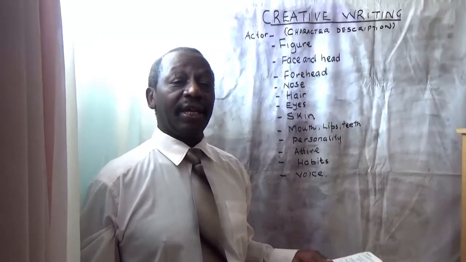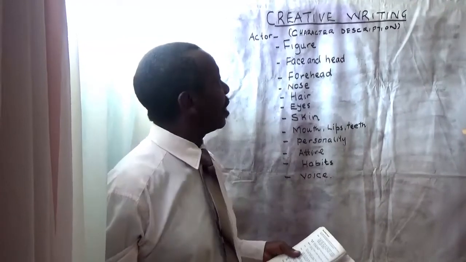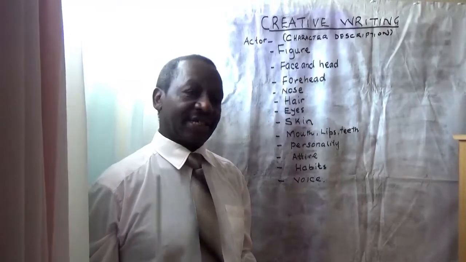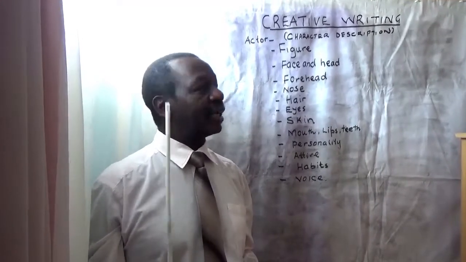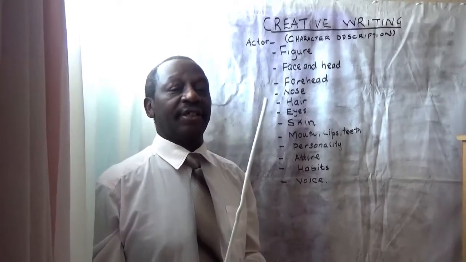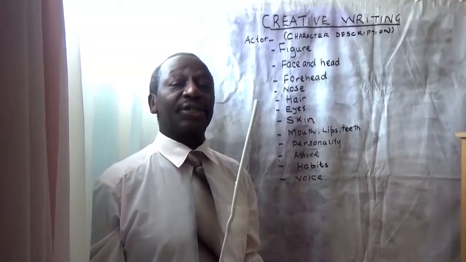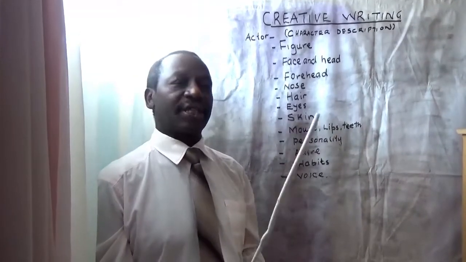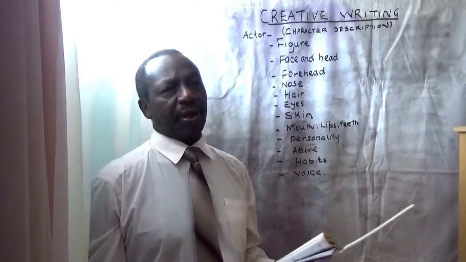As we discussed last time about creative writing, we said that writing in a creative way makes it effective for the reader to see and imagine what the writer is doing.